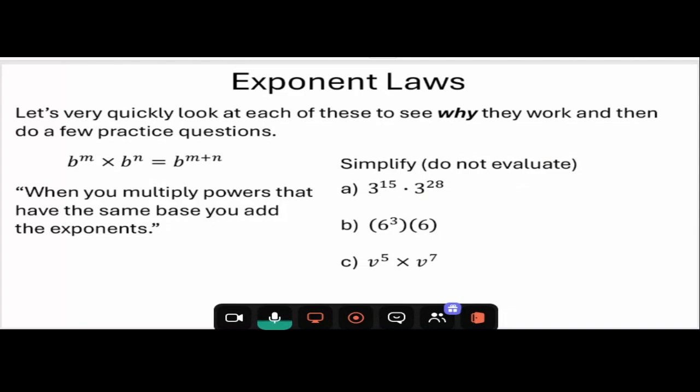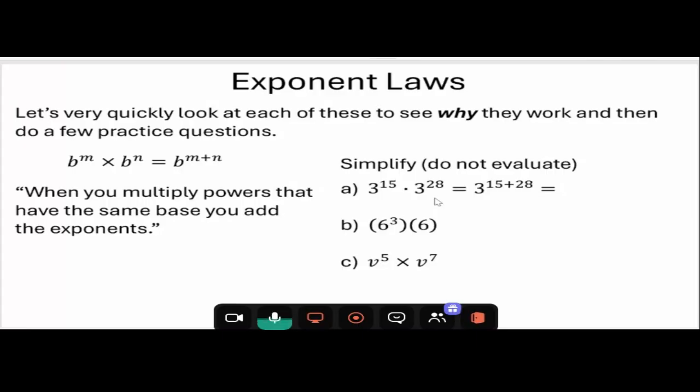Let's look at a couple here. So that first one, we are multiplying. The bases are the same, right? Both of the bases are 3. So that means we will add the exponents. Now you can see already why this is useful, because if you were to type in 3 to the 15th and 3 to the 28th, you get massive, huge numbers.